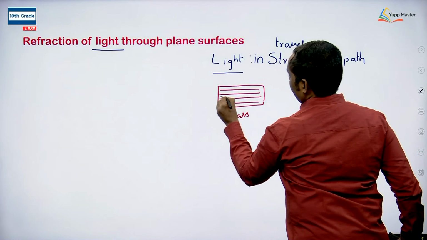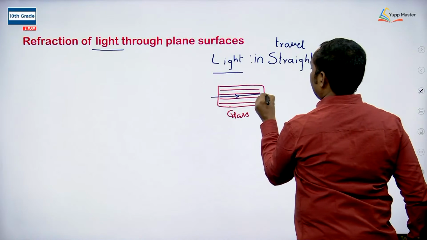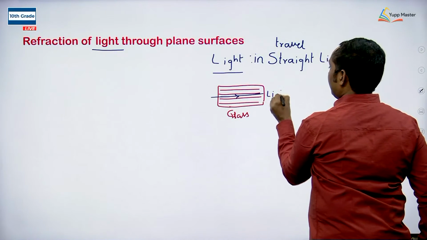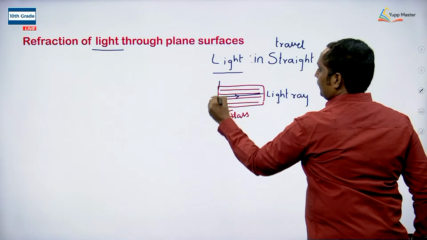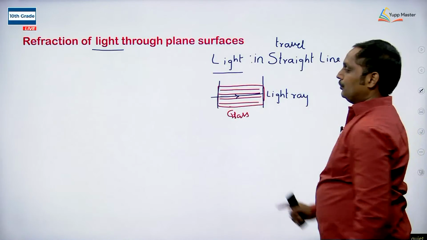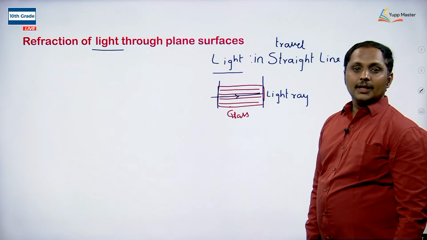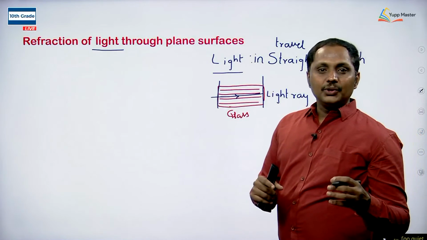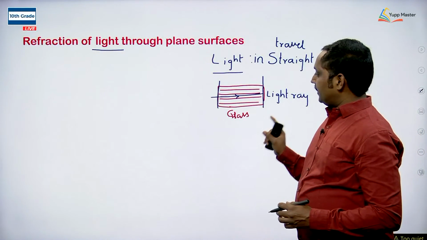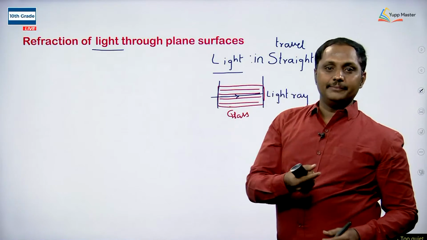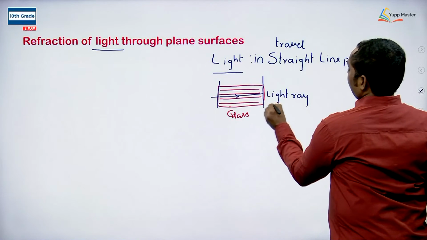This is the light ray. So in between these two points, the light ray travels in a straight line path. Within the same medium it travels in a straight line.